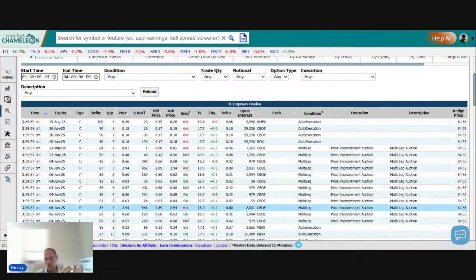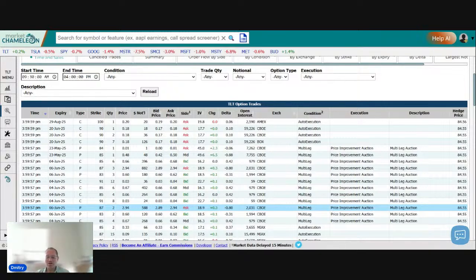You could analyze trades right at the open, or right around other correlating things, like maybe some news came out during the day, where you could see if anything unusual happened right before that news came out.